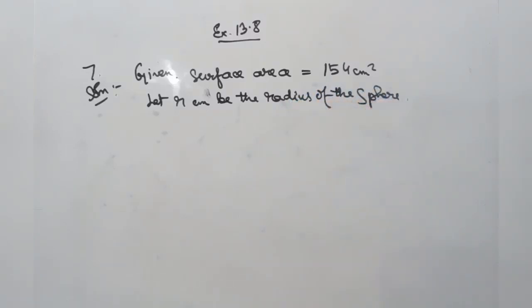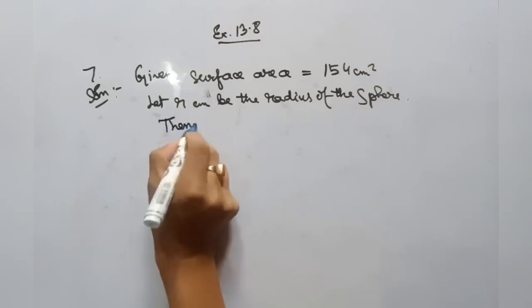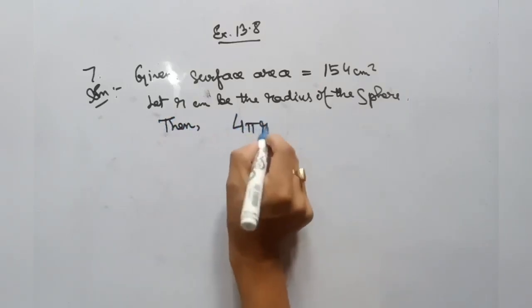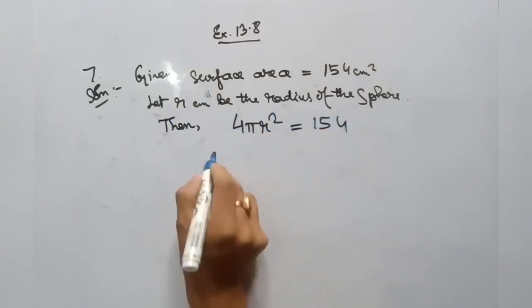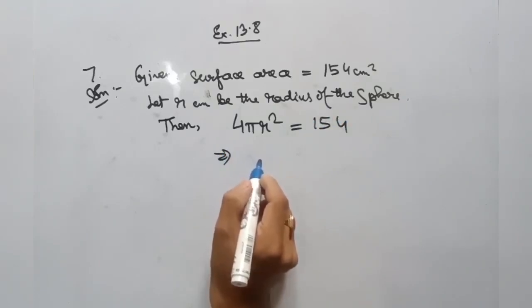To find the volume of the sphere, we need to find the radius of the sphere. So let us find the radius from the given surface area. The surface area of a sphere is given by 4 pi r square, which is equal to 154. The value of pi is 22/7.